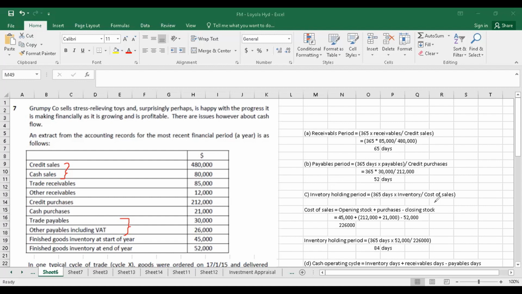The logic about why we take cost of sales instead of sales is that in all turnover ratios the concept of turnover is sales, but turnover changes with the specific item. If it is receivables, the turnover becomes credit sales. If it is payables, turnover becomes credit purchases. That information is already provided to us.